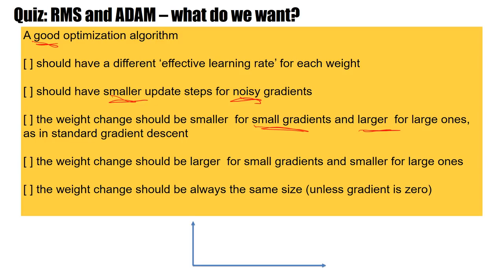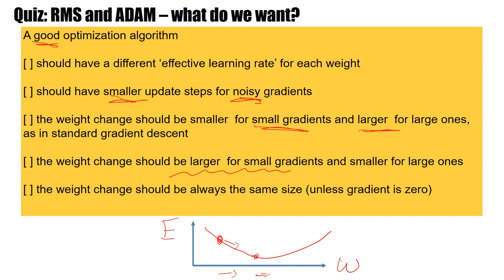Then should the weight change be smaller for small gradients than for large ones? Let me explain this. If I do a one-dimensional plot of the error function as a function of the weights, then if I go here, I have a big gradient, so the effective update step is bigger than if I'm down here, because now the gradient is smaller, so the step size is also a bit smaller. Is that what we want? Or should it be the other way around?